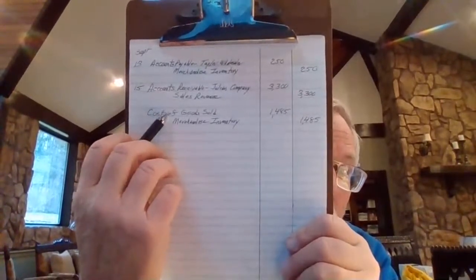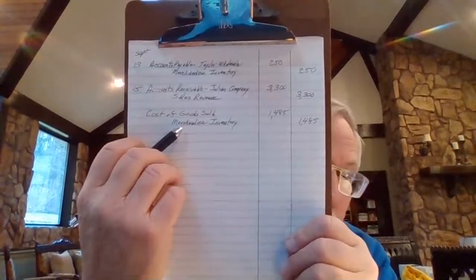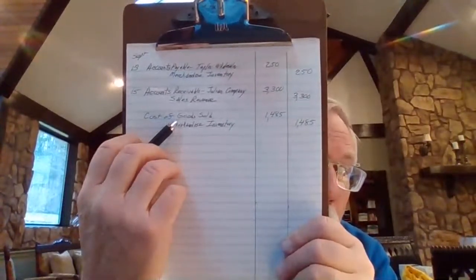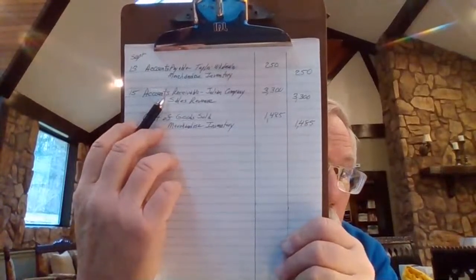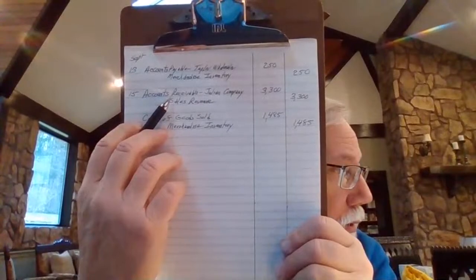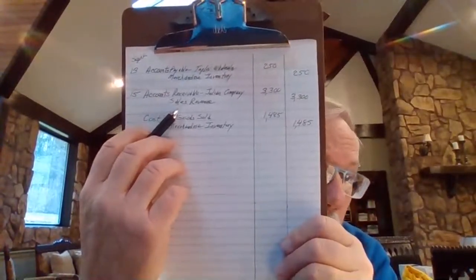So here again, you have a balance sheet account, merchandise inventory, and an income statement account, cost of goods sold. In the first entry for that sale, you had a balance sheet account, accounts receivable, an income statement account, sales revenue.